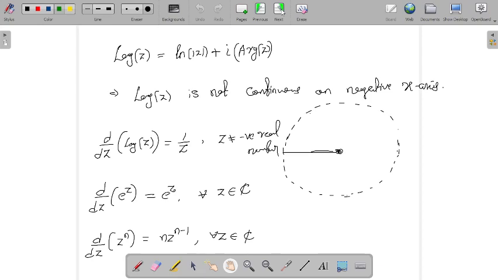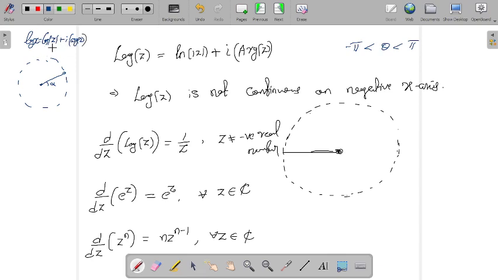And some people may define the logarithmic function in a different way. This is the principal logarithmic function, where theta lies between minus pi and pi. But some people, instead of taking the negative x-axis, might start with any line. Let's say the angle it makes with the x-axis is alpha. Now they are going to make a cut at this line. So they'll define their logarithmic function this way: log z equals ln of mod z plus i times the argument of z, and they'll have a restriction on this argument of z.